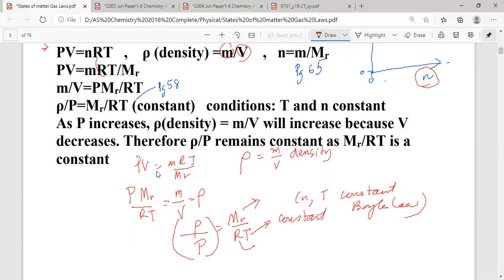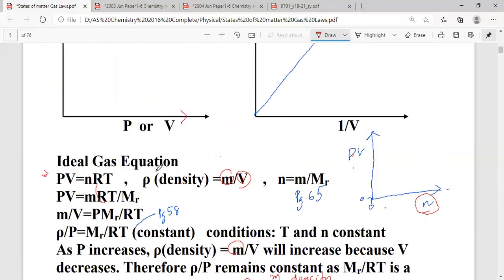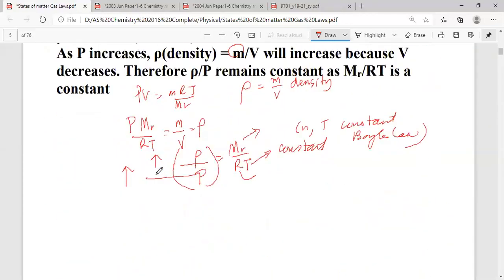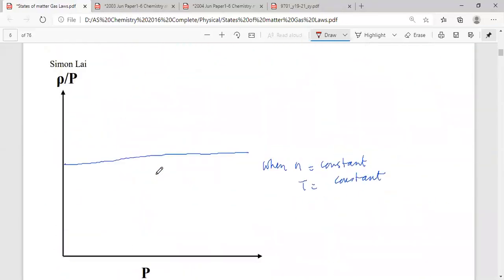If I increase P, the density will also increase, because the mass is constant and the volume will decrease. So the increases cancel each other. That means as you increase the pressure, it gives you a straight line like this, a constant, which equals mR over RT.